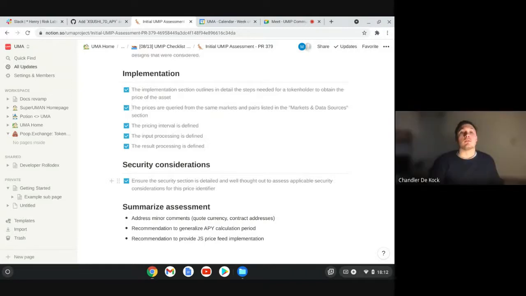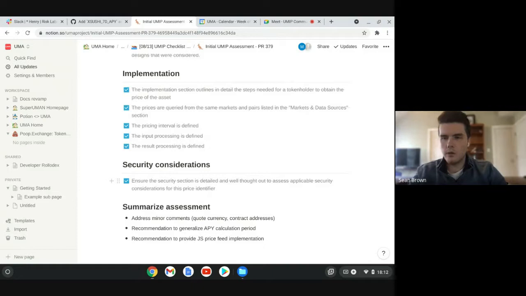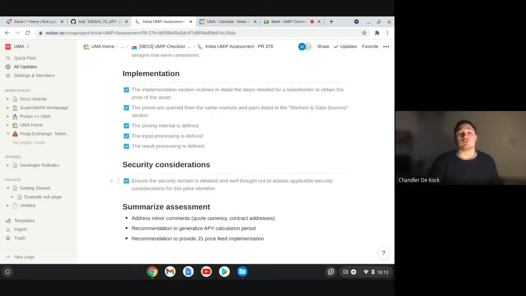So the consideration here is that these contracts might have higher risk, but we're not rewarding them because they don't meet the requirements. Rewarding them with what? So my question was, do we have a clause in our liquidity mining program, developer mining program, to say if you don't run a proposer and disputer bot, you're not eligible?